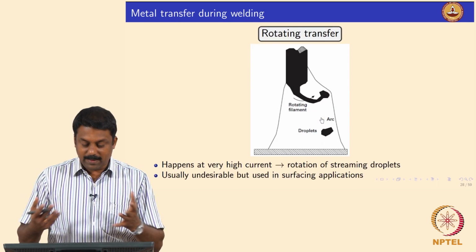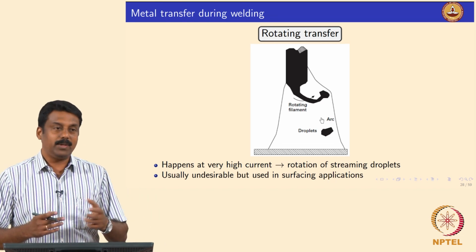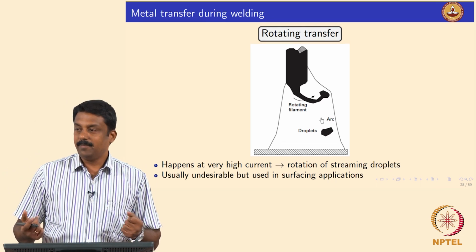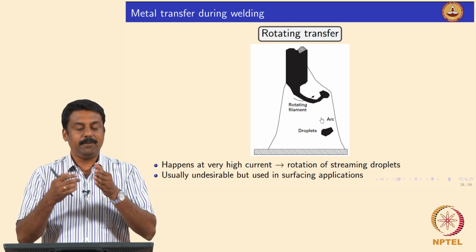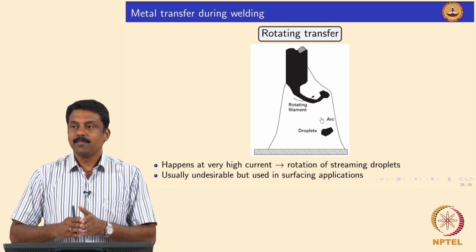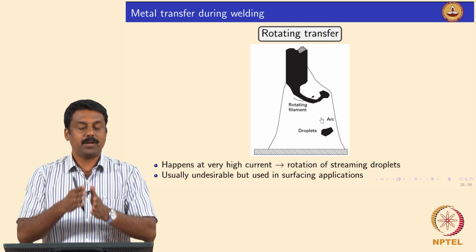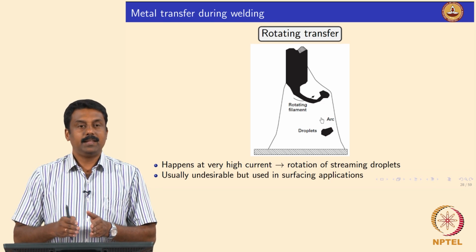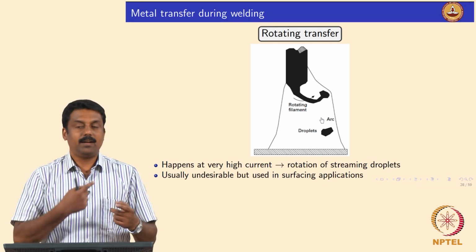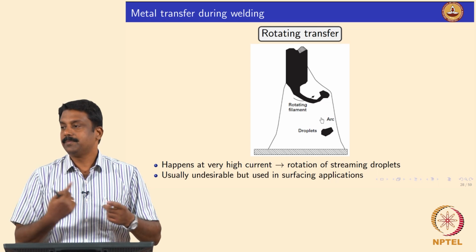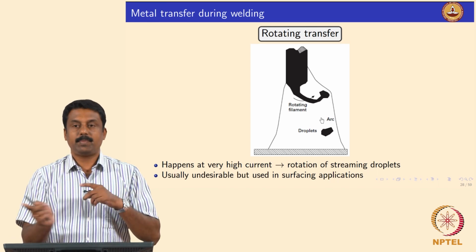Sometimes if you increase the current, a jetting spray becomes rotating transfer, for the same reasons I told you. If you start making a jet and you have a Lorentz force continuously forming, then certain magnetic forces start rotating or changing the path of the spray, and you have a rotating spray transfer.